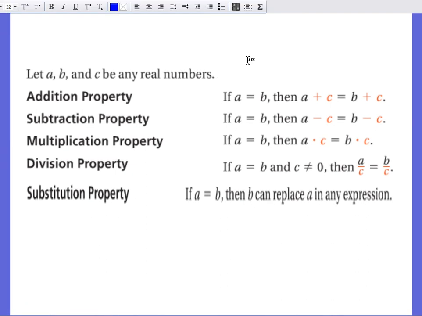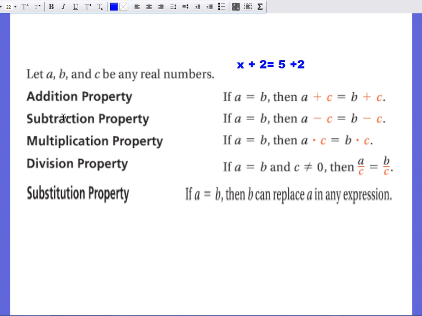So let's say x equals 5, okay? And then if I take the same number, and I add that to both sides, and add 2, then they're still going to be equal, okay?